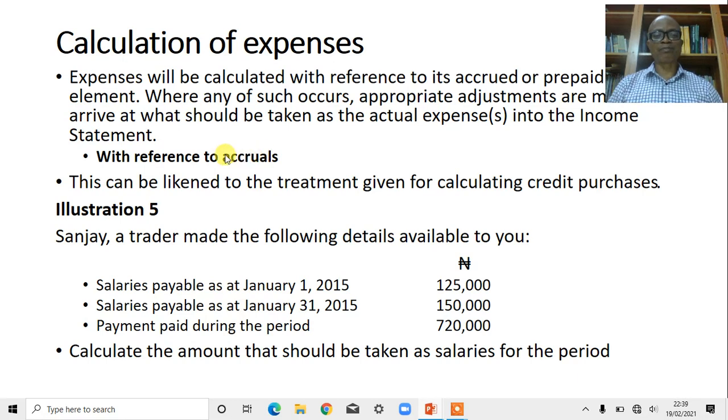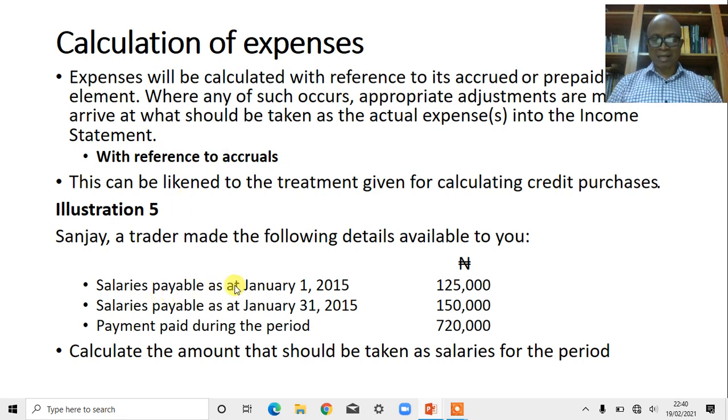So let's look at expenses with reference to accruals. This can be likened to the treatment given for calculating credit purchases. So let's look at illustration number 5. It says Sanjay, a trader, made the following details available to you. Salaries payable. Remember, this is not a liability, that's why we're talking about accruals.